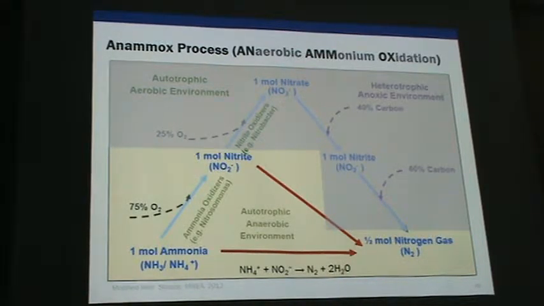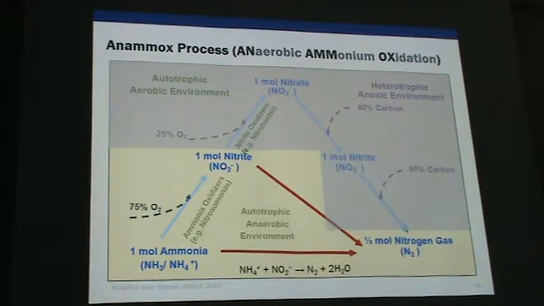This is literally one-stop shopping because you've eliminated all of this other stuff in gray. You saved all of the carbon, that demand has gone away, and you've eliminated a large proportion of the oxygen required for ammonia.